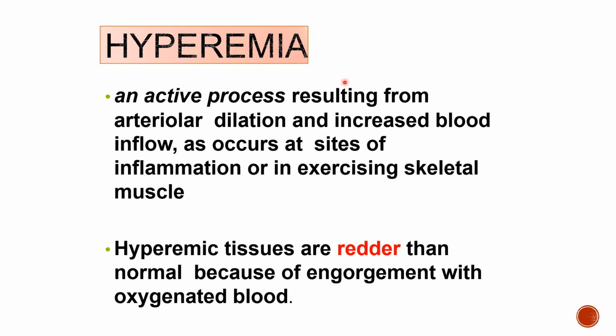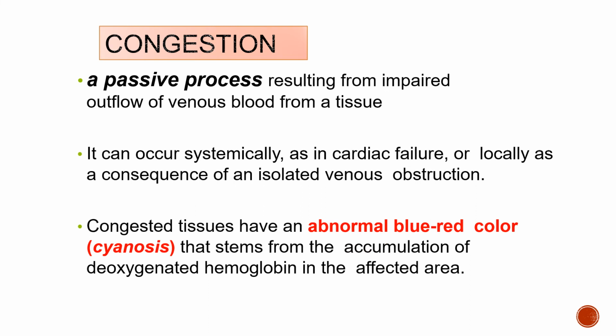The first one is hyperemia, which is an active process resulting from arteriolar dilation and increased blood inflow, as occurs at the sites of inflammation or in exercising skeletal muscle. And these tissues are redder than normal because of engorgement with oxygenated blood. And the next condition is congestion.